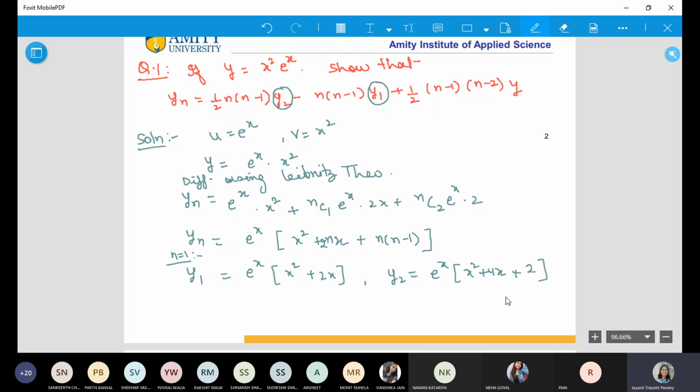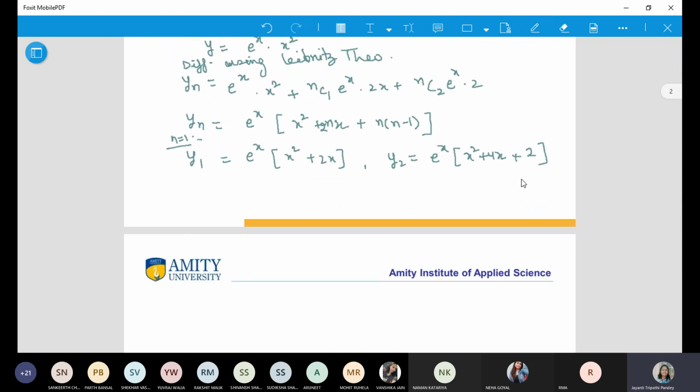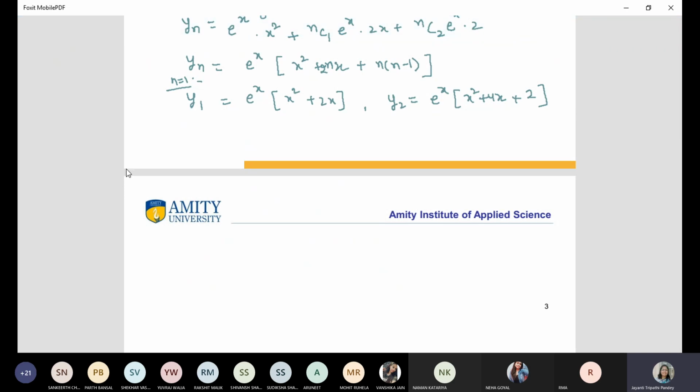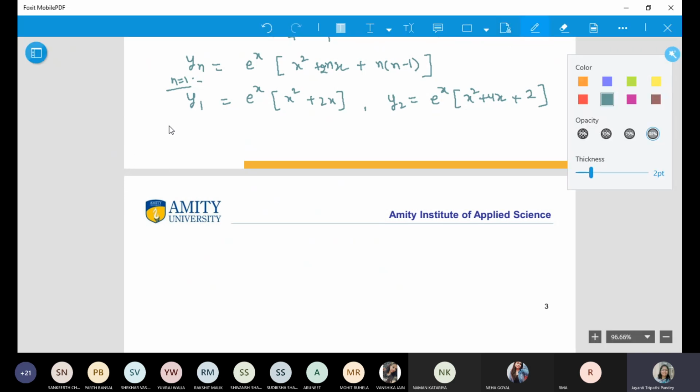Just check. Yes, ma'am. So when you put n is equal to 2, you are getting x square plus 4x plus 2. Now just put all these values here and see whether you are getting y_n or not. You have y, y1, y2, put it here and see what you are getting. I am putting it, just see if it is right or not.